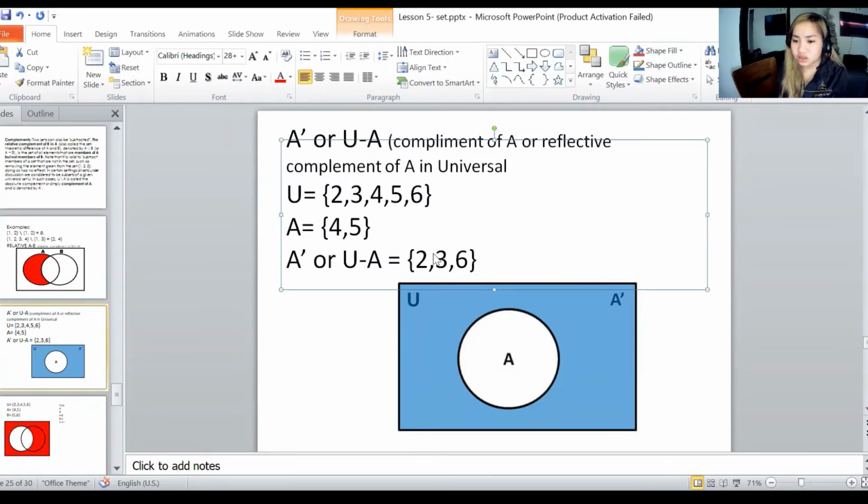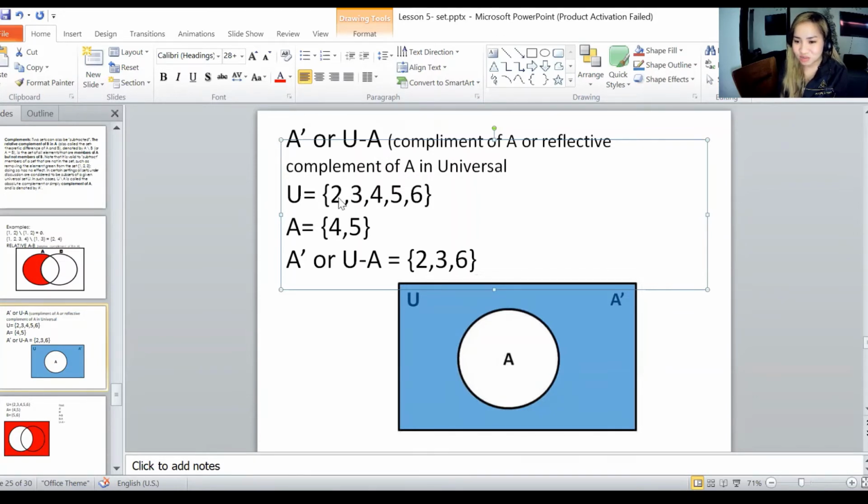So, ang magiging final answer natin is yung mga elements na meron sa universal na wala sa set A. Again, kapag nakakita kayo ng A tapos may apostrophe, magbe-base kayo sa elements ni universal kung ano yung mga elements na meron kay universal na wala sa set A, ibig sabihin ayun yung final answer natin. That's clear na.